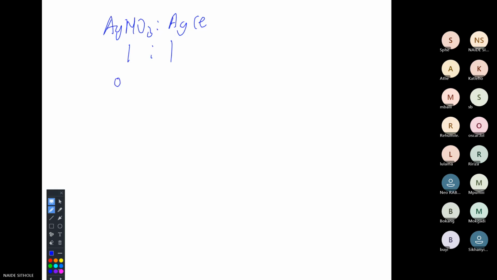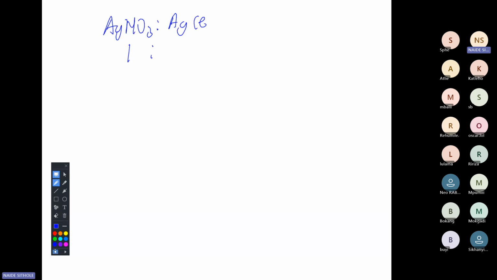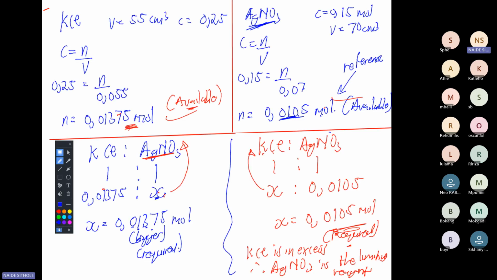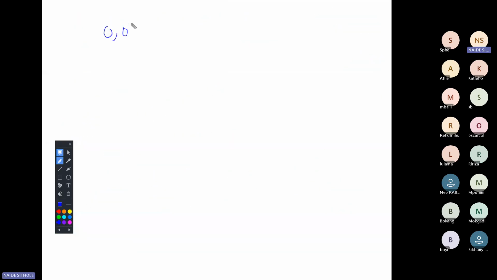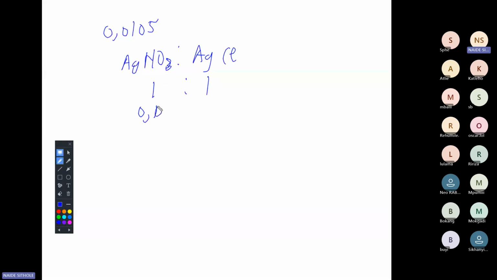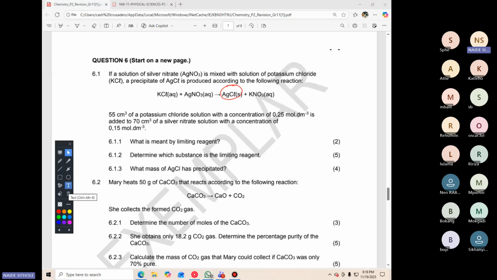But for those number of moles, we have 0.0105. AgNO3 to AgCl is 1:1, so that means it is 0.0105. To then find the mass, we will use that number of moles.